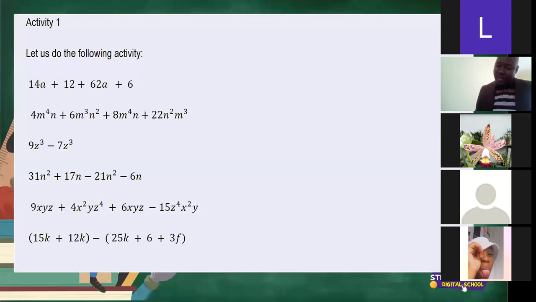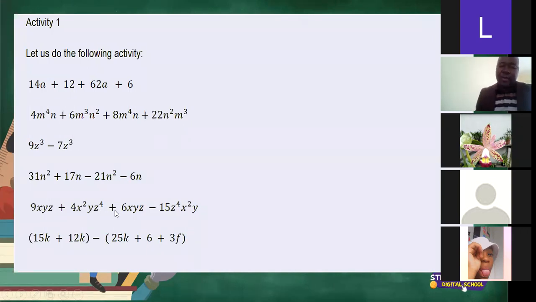So in other words, the second one, negative 15 z to the power 4 x squared y, you can rearrange and write as x squared y z to the power 4, so that it looks exactly the same as 4x squared y z to the power 4.